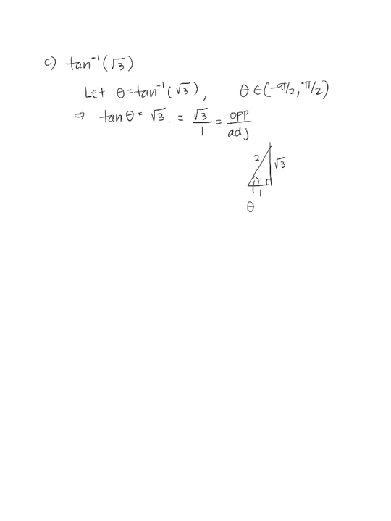So our theta must be 60 degrees, which is pi over 3. And notice that theta equals pi over 3 is inside of negative pi over 2 to pi over 2. So we're good to go. So therefore, tangent inverse of square root of 3 is just pi over 3.